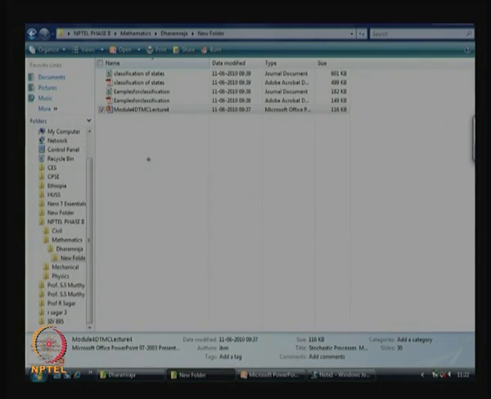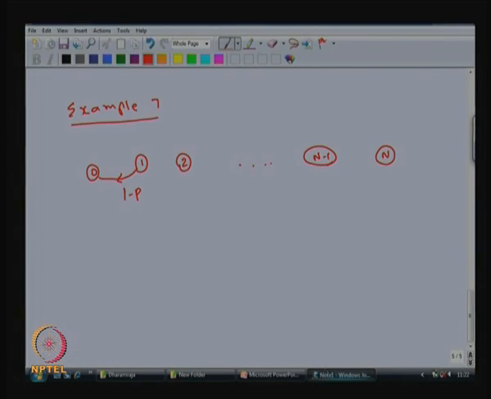With probability p, it can go from state 1 to 2, and this probability is 1 minus p and so on. So, all the forward arcs are p and the backward arcs are 1 minus p, whereas here this is p, there is no forward arc, therefore, the states 0 and n are going to be absorbing states.